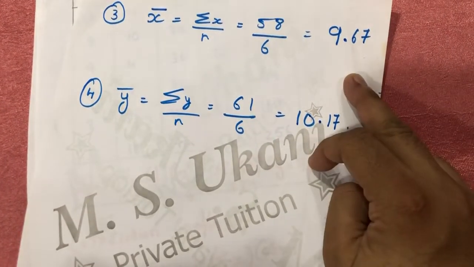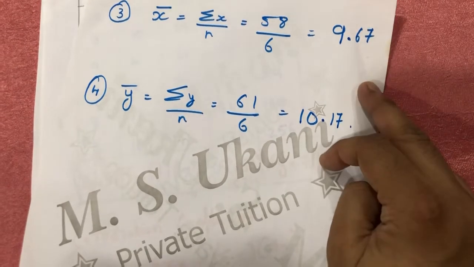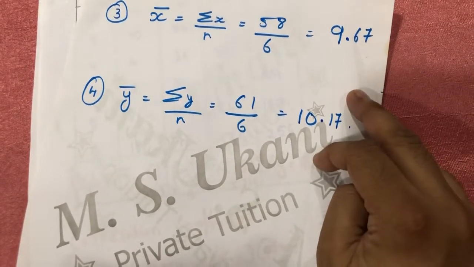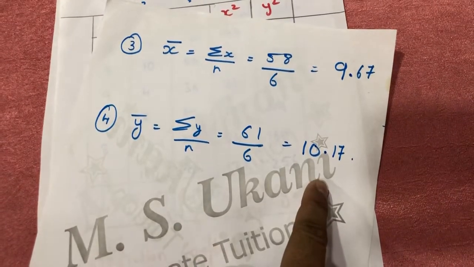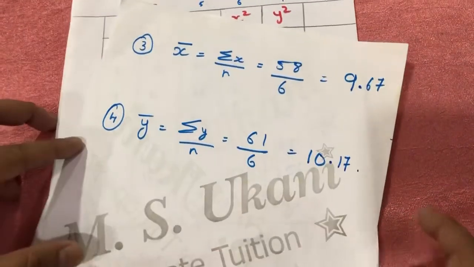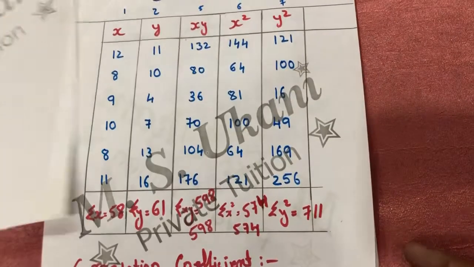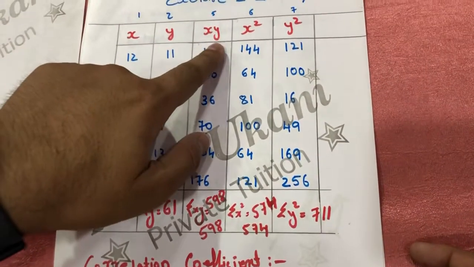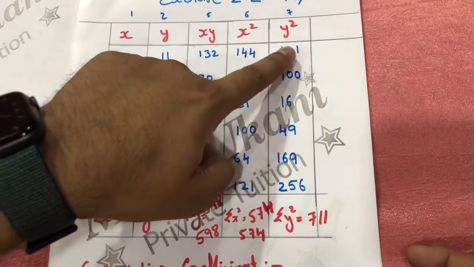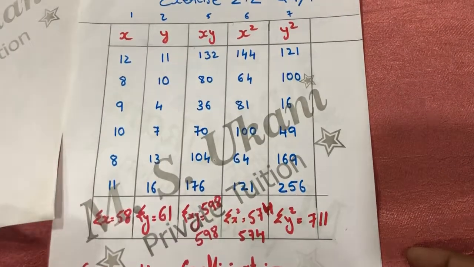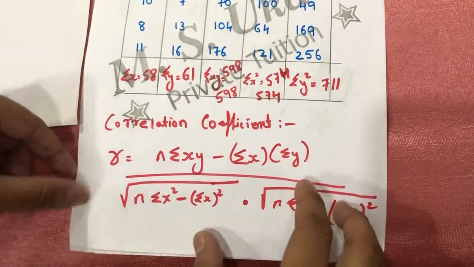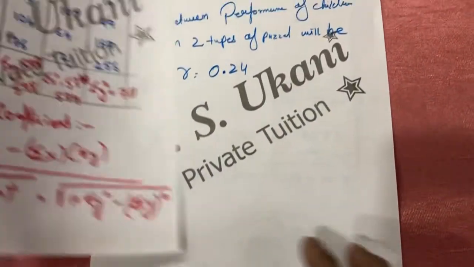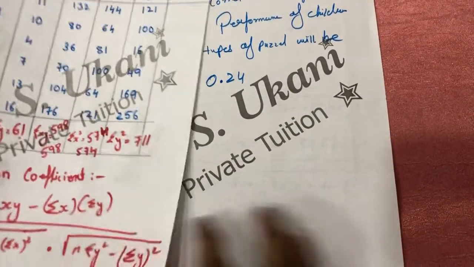If both the numbers come in decimal and below 100, that means we have to use the second formula of Karl Pearson. So this is our fourth step. After that, we have to prepare column 5, that is xy, column 6 x square, and column 7 y square. And after preparing all the columns, we will put the formula and do the sum as explained.